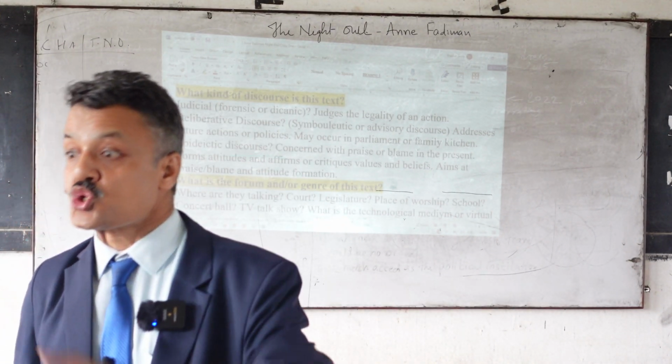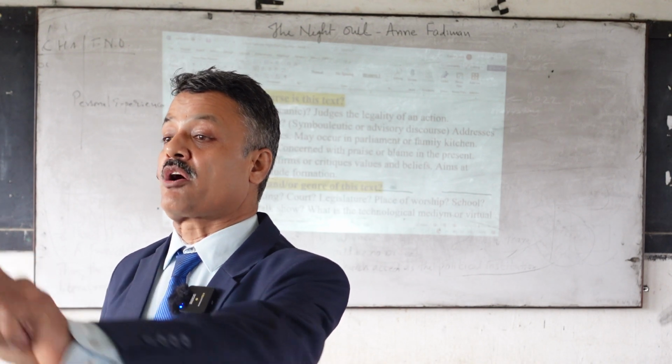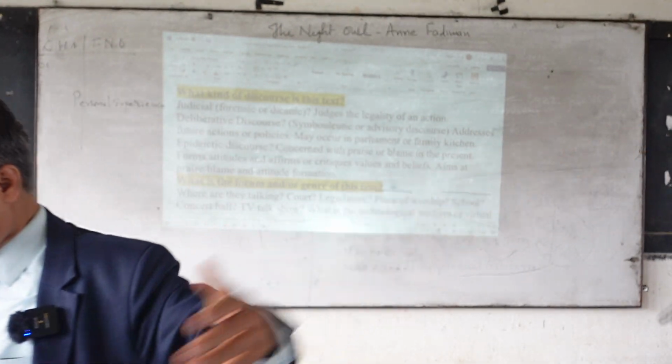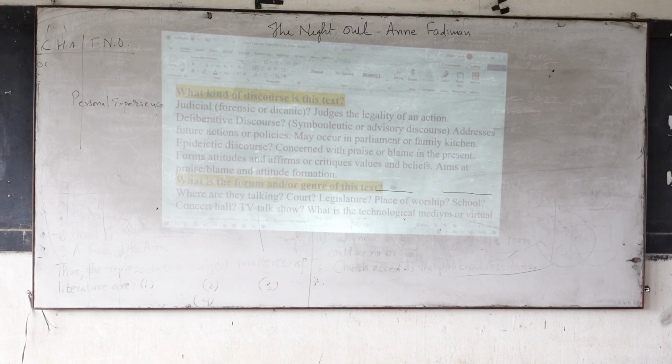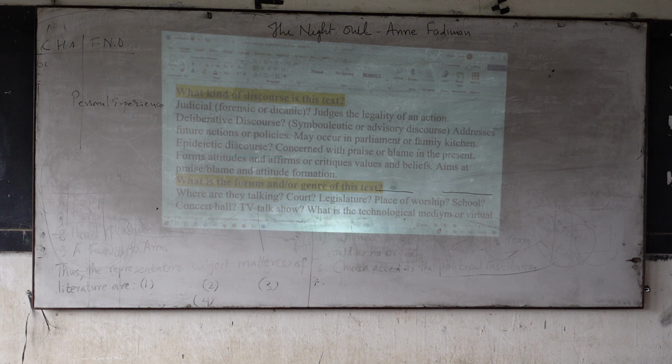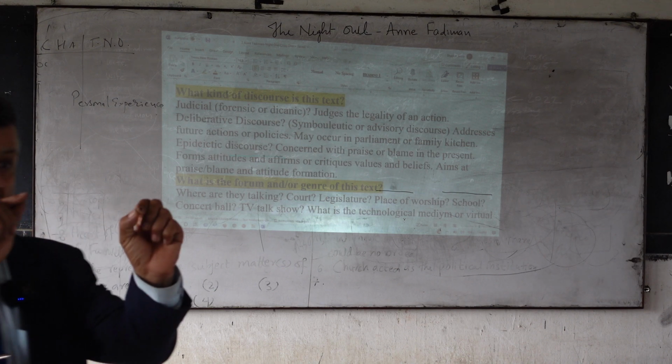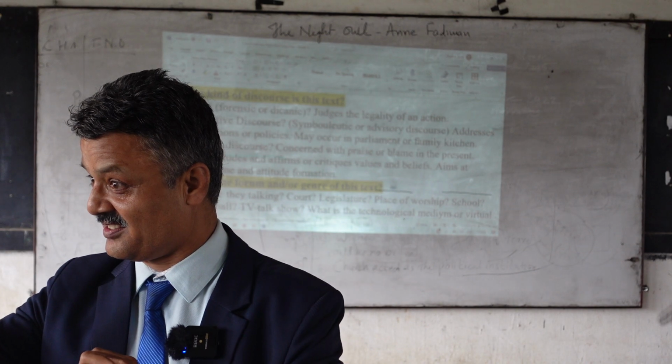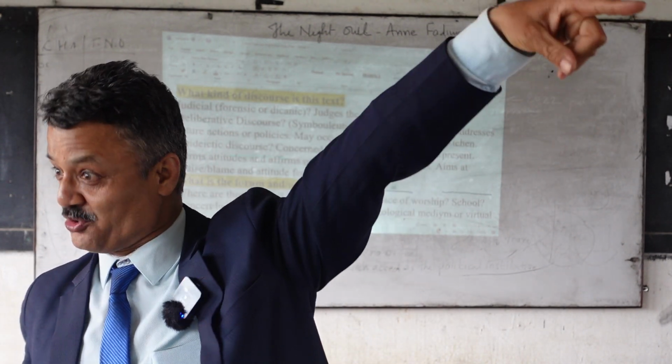Judicial discourse is about the past. He murdered him secretly at night. Nobody could see, he was sleeping. And the police suspected him to be the murderer. And the police arrested him. And now the police is trying to find the links about the murder that happened yesterday at Tinkune.